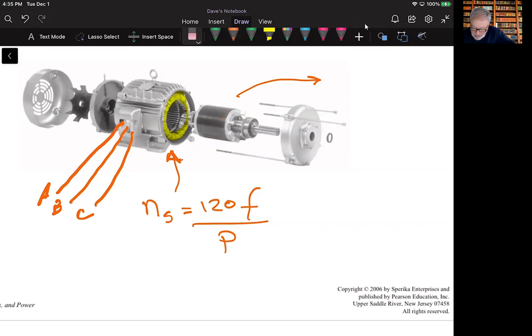Without a voltage, we don't get any current, and without any current, none of this works. So there is an equation to quantify slip: slip is equal to the synchronous speed minus the rotor speed, all divided by the synchronous speed.